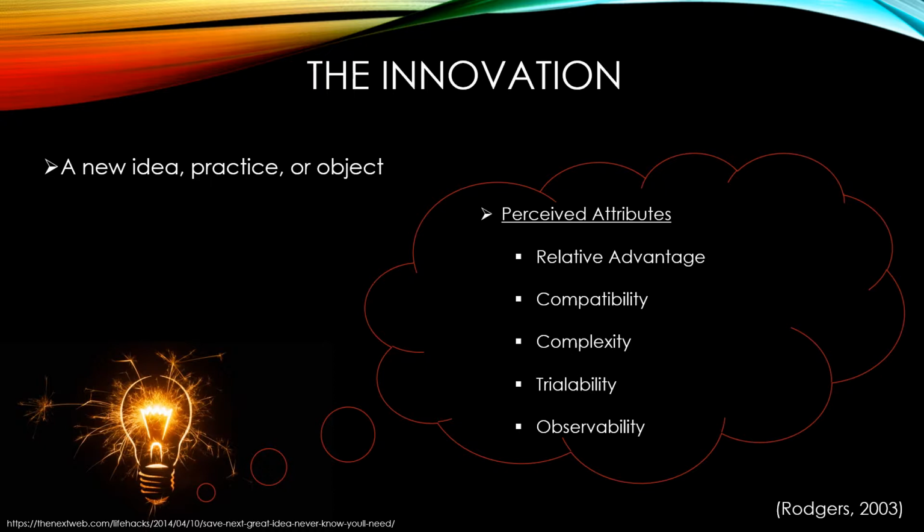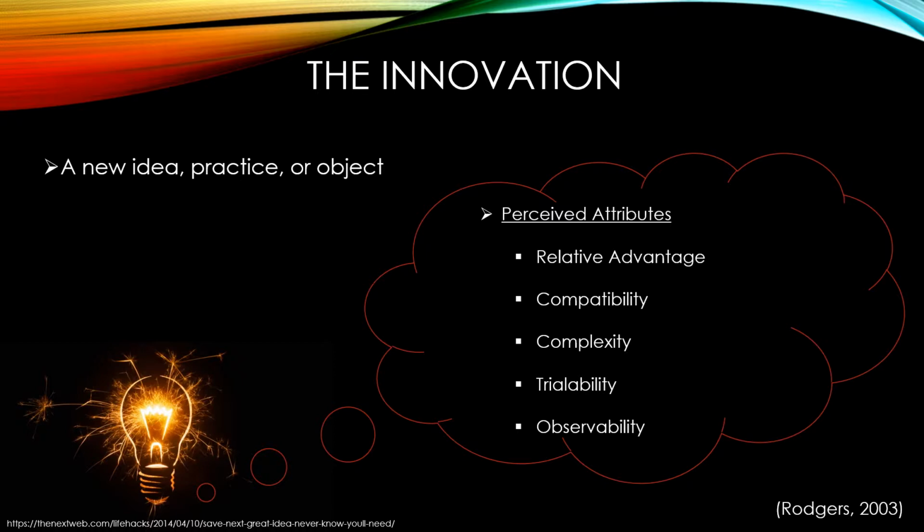The relative advantage is how the innovation is perceived as superior to other ideas, and it is measured in economic terms. Compatibility is how the innovation aligns with existing values, past experiences, and addresses the needs of the adopters. Complexity is related to the level of difficulty surrounding the innovation.